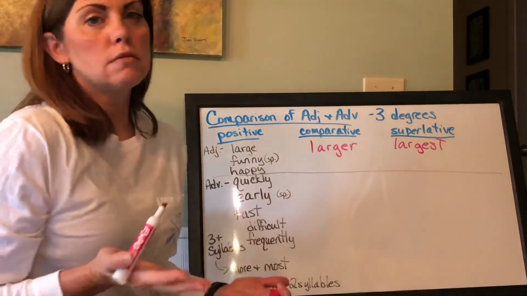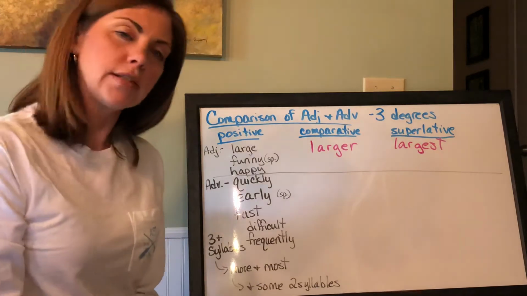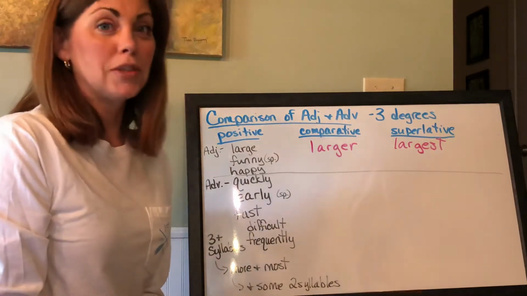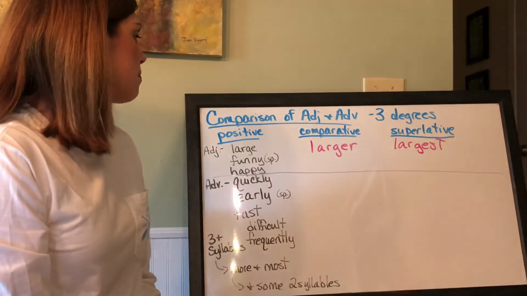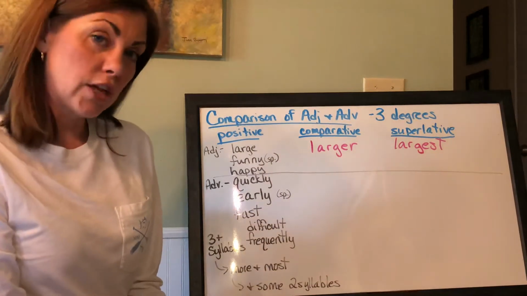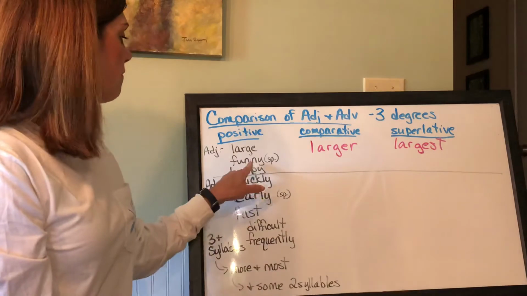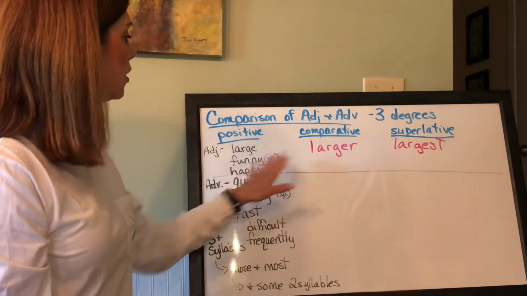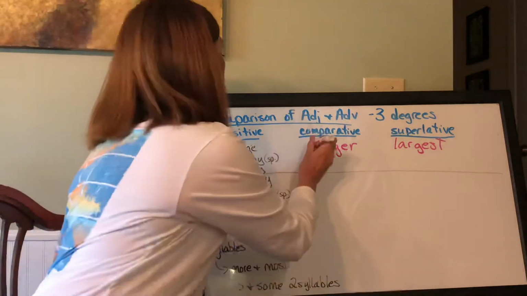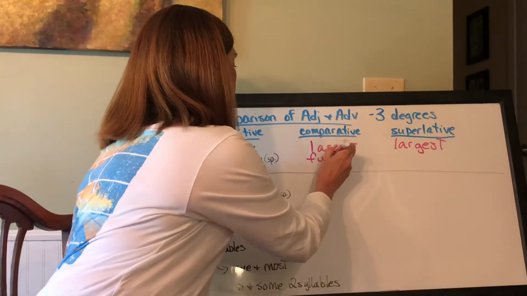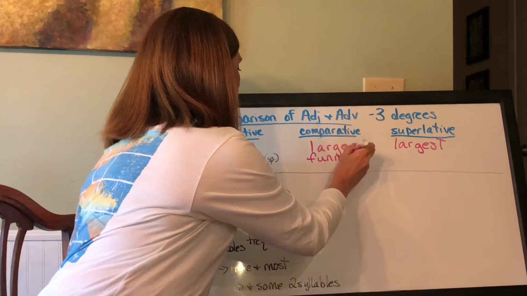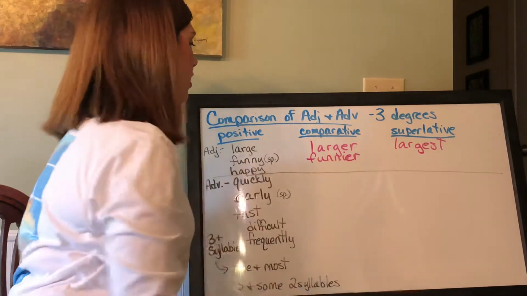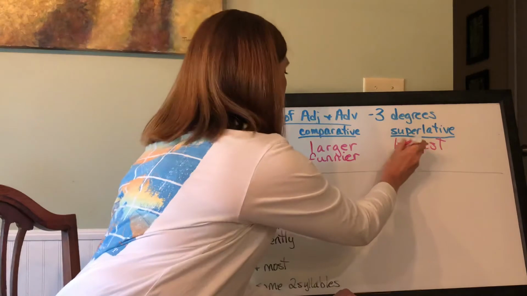All right, so that's pretty easy. If we could only do that, that would make life so much easier, right? But sometimes there are some exceptions, and we'll be talking about that. Sometimes there are some spelling changes too. So if you look at funny, we have a spelling change here. We would say funny, funnier. When that happens, you drop the Y and change it to I and add an ER, and then funniest.